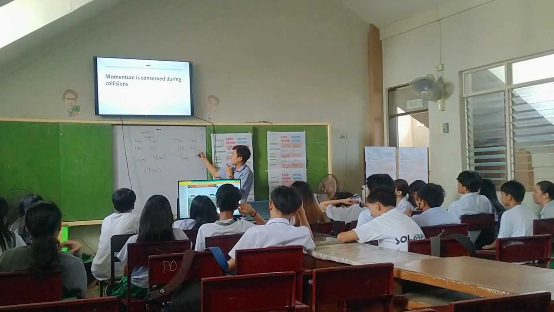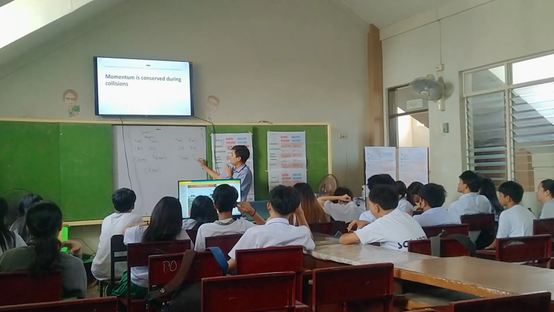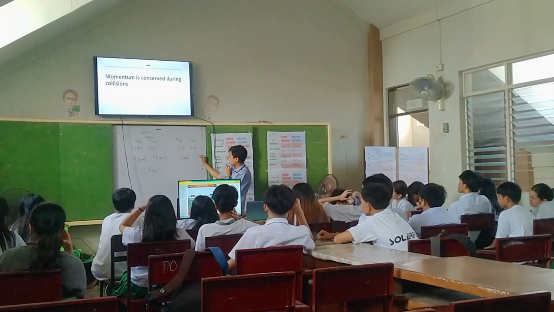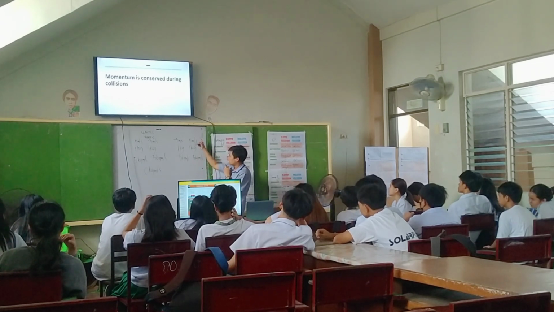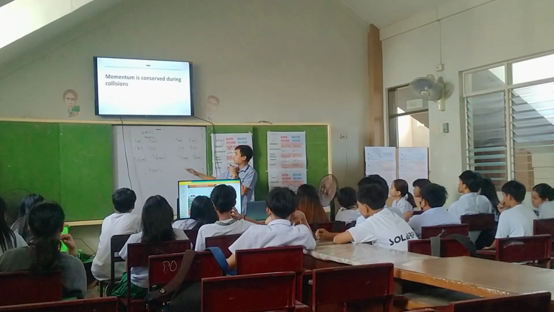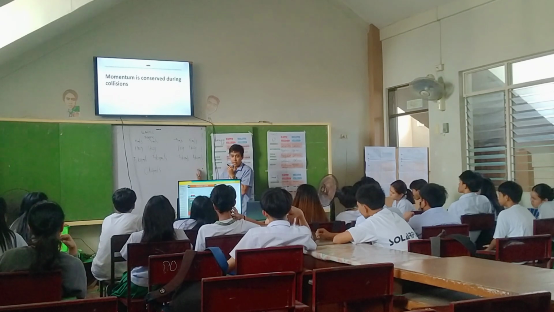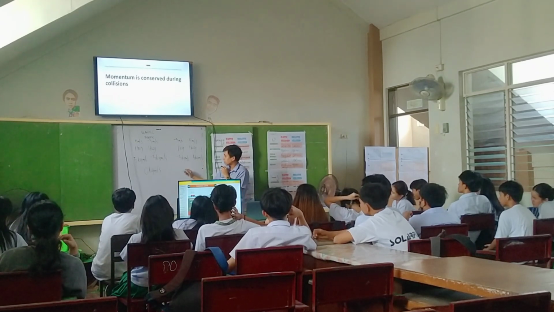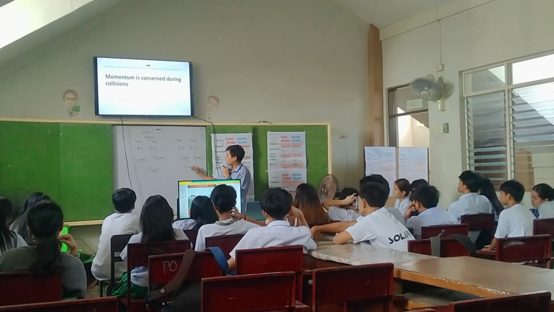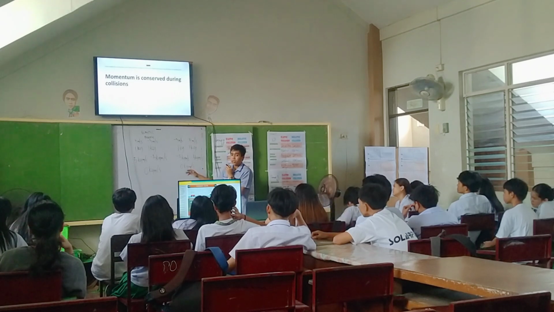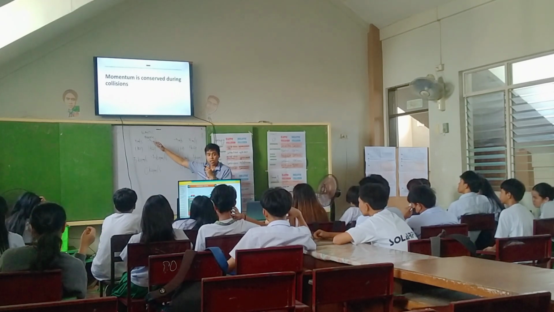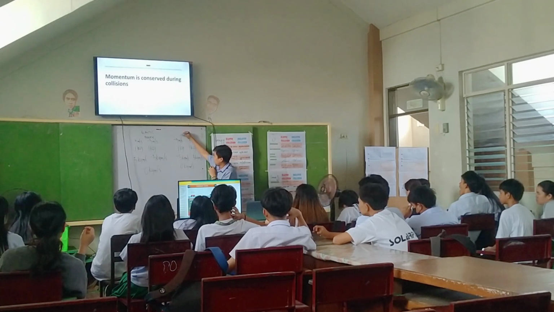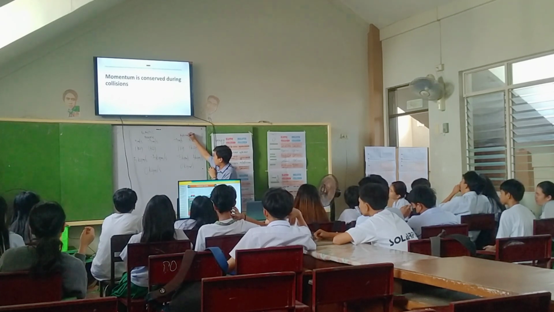And 5 times 1 is positive 5 kilogram meter per second. Now, if we add negative 5 plus 5, what's the answer? 0 kilogram meter per second. So this is the total momentum before and this is the total momentum after.